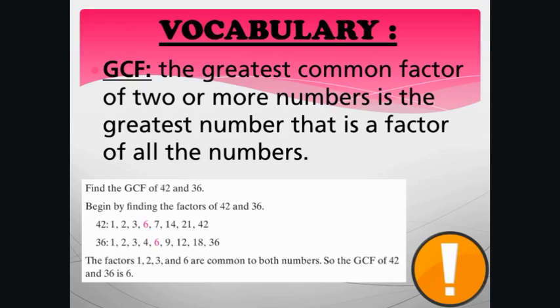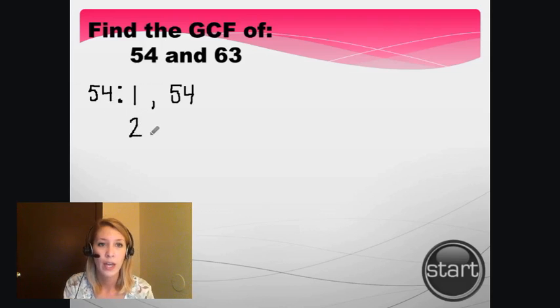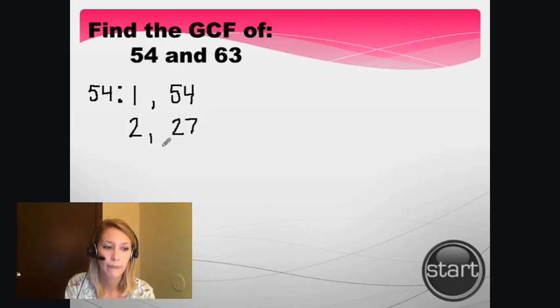So let's go ahead and practice this skill. Here we are asked to find the greatest common factor of 54 and 36. So the first thing that we have to do is list out all the factors of 54. 54 is divisible by 1, and that equals 54. 54 is an even number, and it's divisible by 2. And when we divide 54 by 2, that equals 27.